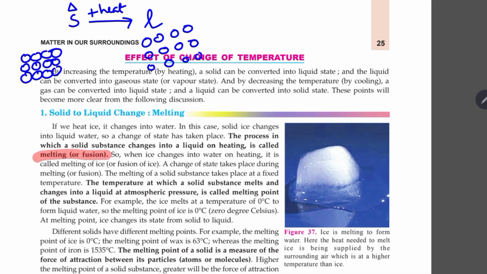So the process of conversion of ice to water, or any solid to its liquid form, is known as melting or fusion, and the temperature at which this conversion can take place at atmospheric pressure is known as the melting point of that substance. We all know that the melting point of water, or I'll say melting point of ice, is 0 degrees Celsius, or rather the freezing point of water.